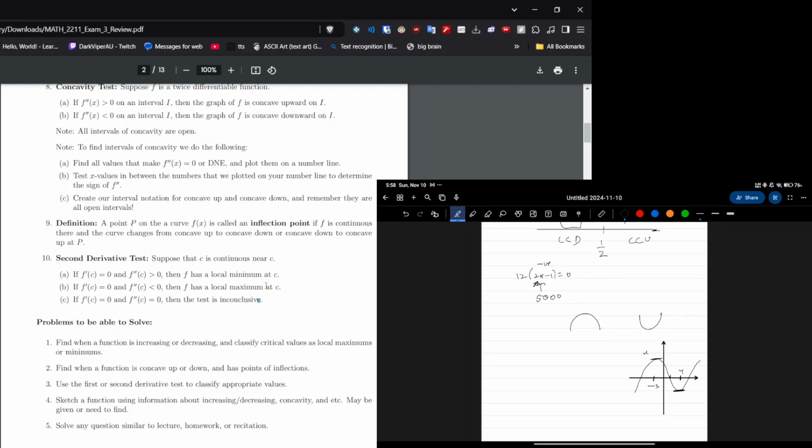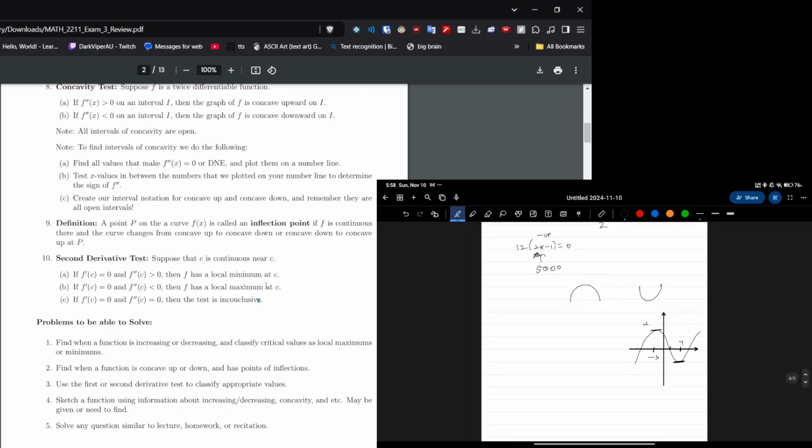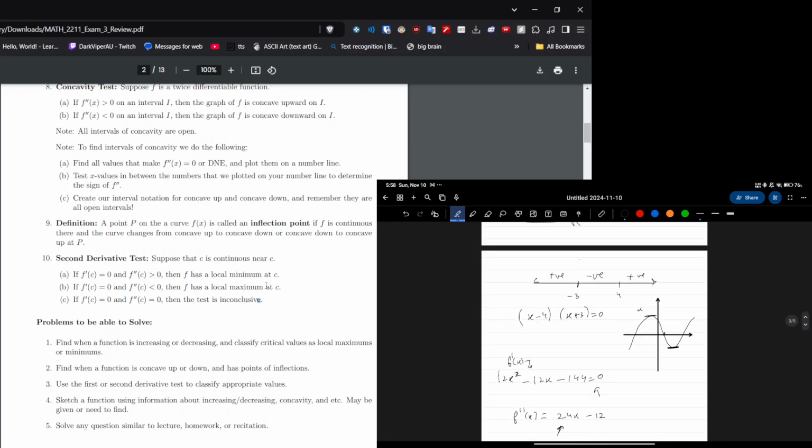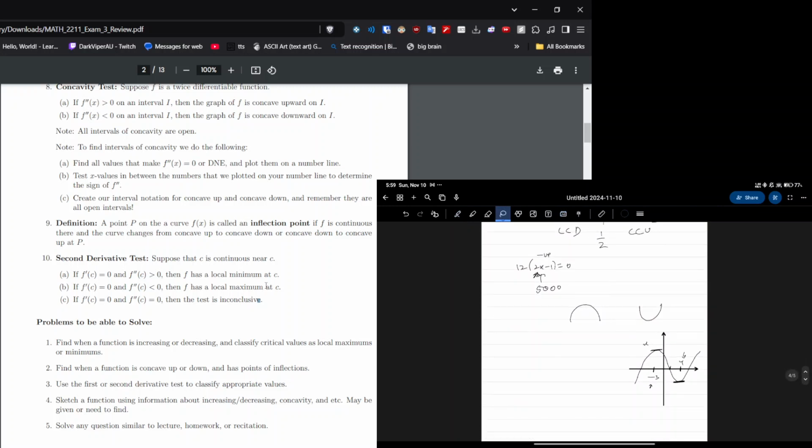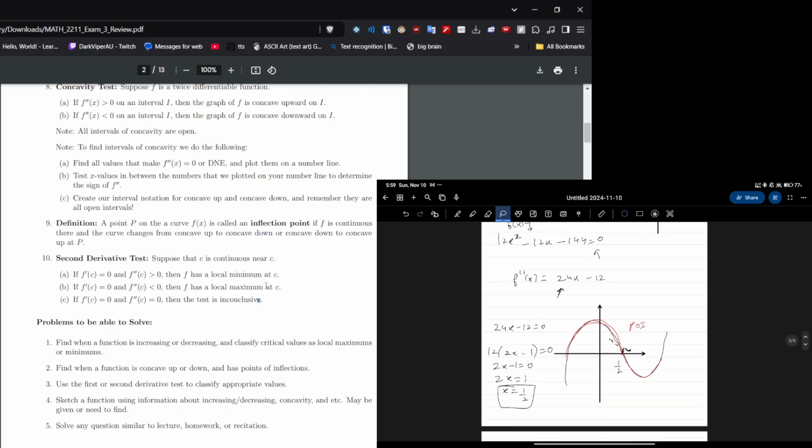Now what does the second derivative test say? If I plug these numbers, negative 3 and 4, into my first derivative, which is basically this over here, let me copy this down.